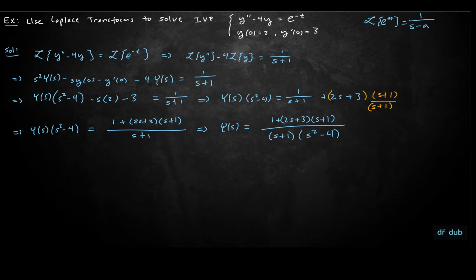And we probably need to do some algebra in the numerator, and then also factor the denominator to break it up into partial fractions. So one more step to simplify. We could say Y of s is equal to, when we do that multiplication and everything, 2s squared plus 5s plus 4 all over s plus 1, and factoring s squared minus 4, we get s plus 2, s minus 2, difference of two squares.